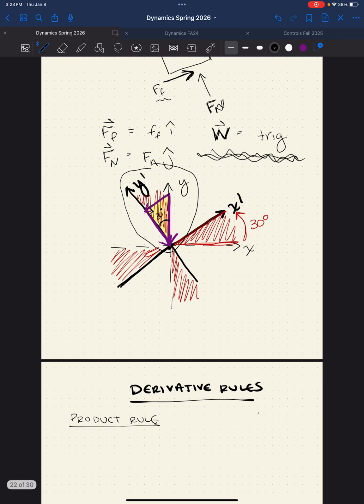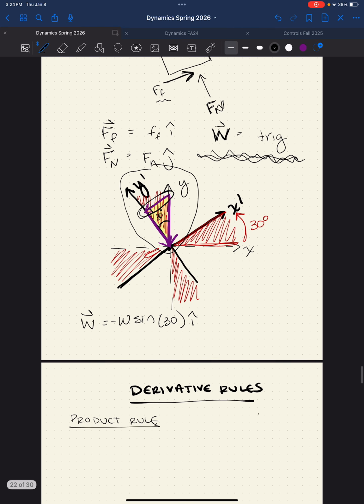That means that I can write W as equal to, let's see, W minus W sine of 30 I hat. I'm looking specifically at trying to define this vector here. This vector here is opposite the 30 degrees.